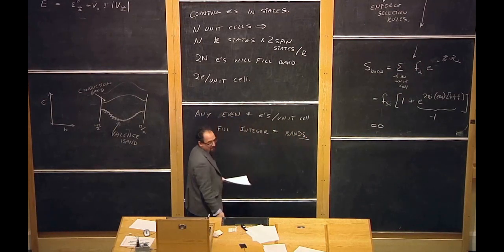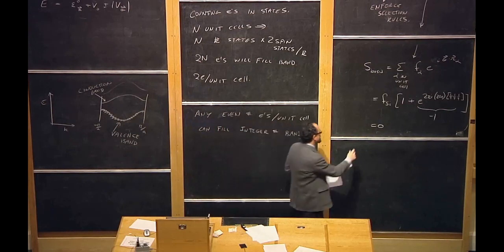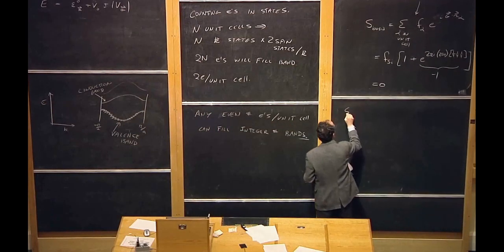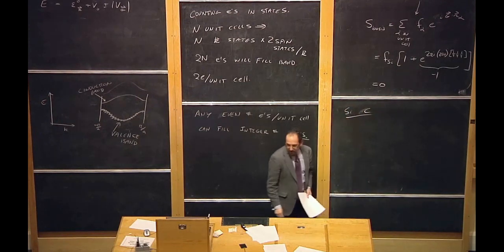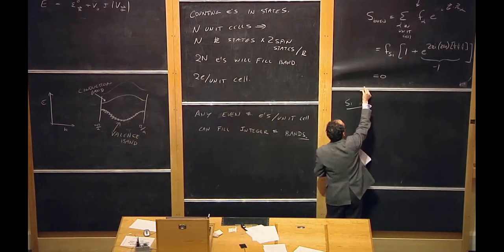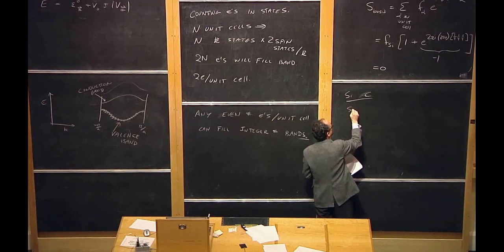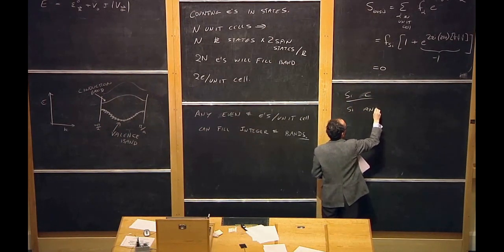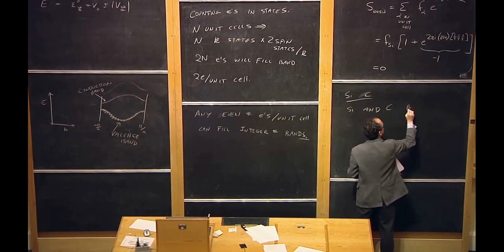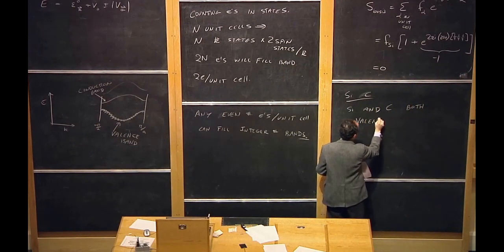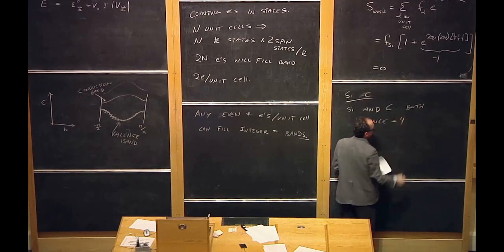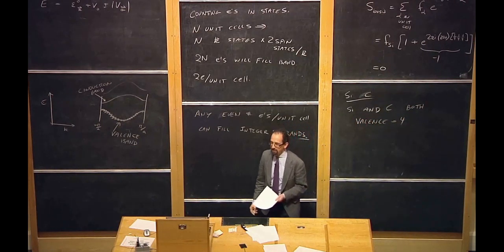So let's take the case of silicon carbide, for example. Silicon and carbon both have valence 4, which means we should count 4 electrons for each of them.